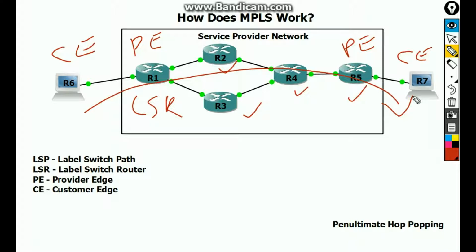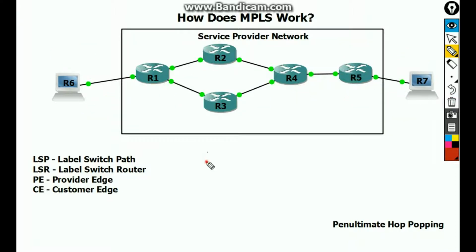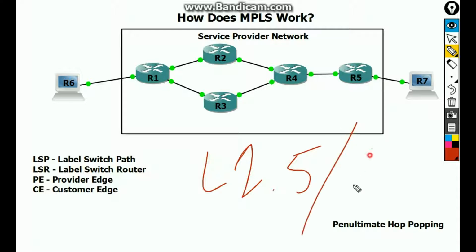Now, what makes MPLS so great is that it is a layer 2.5. What that means is that the routers running MPLS will never see the layer 3 header. Okay, now what does that mean?